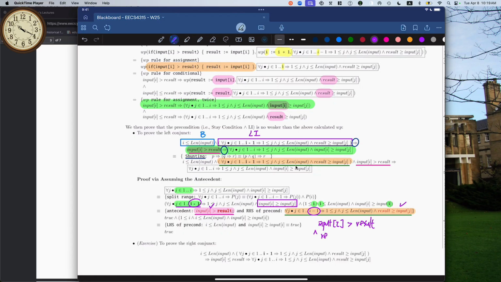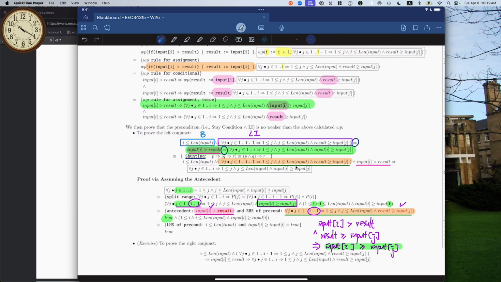Okay, and then we got result larger than or equal to input j. So what you got is input I larger than result. Result itself is actually larger than input j. So by transitivity, we know that this one here must be larger than or equal to this one here, right? So this one tells you by transitivity, input I should be larger than or equal to input j. And this is what we wanted to actually prove. Okay, so that's why you will see true right here.